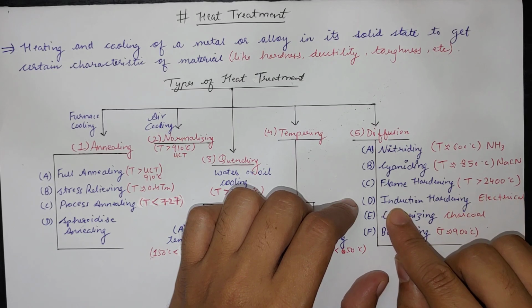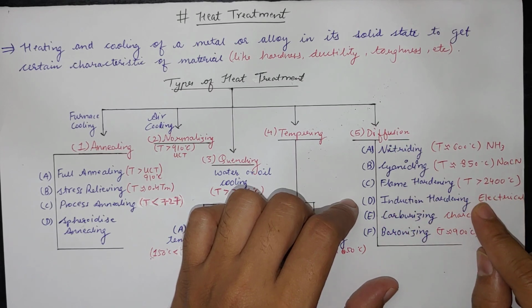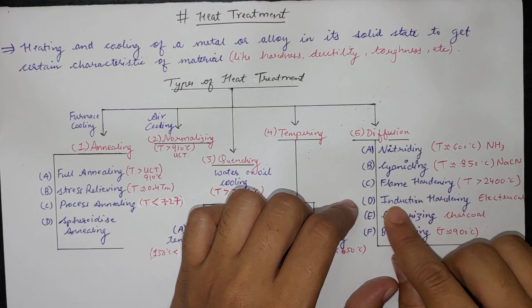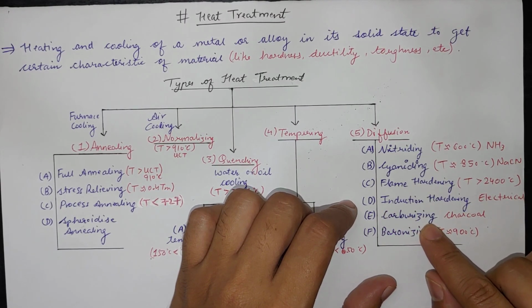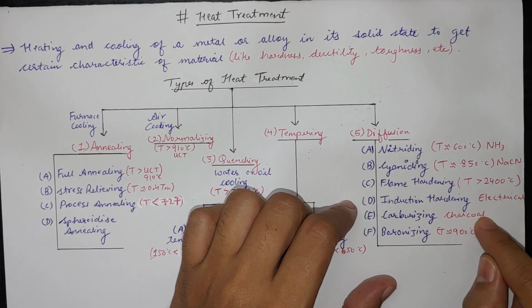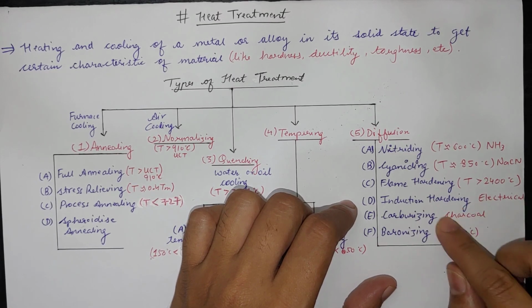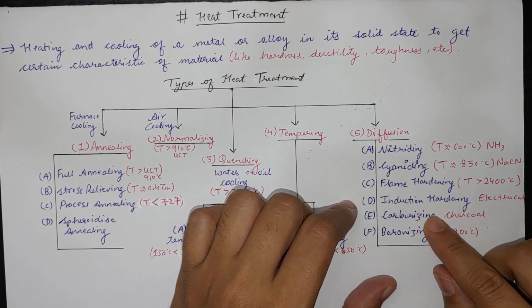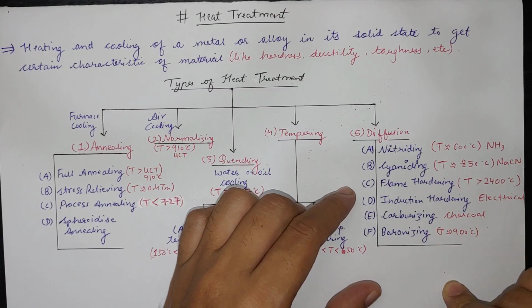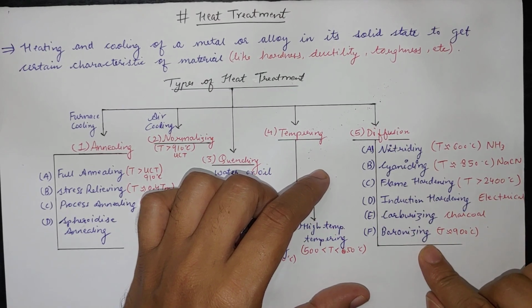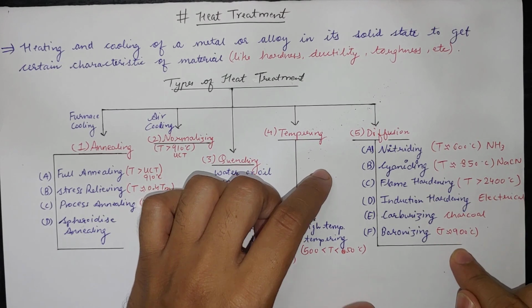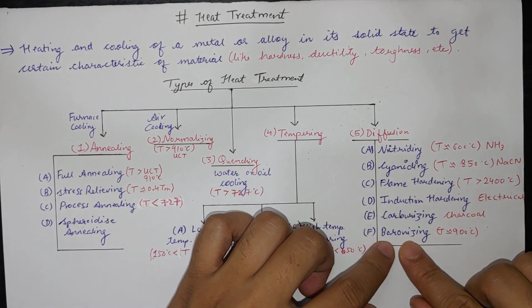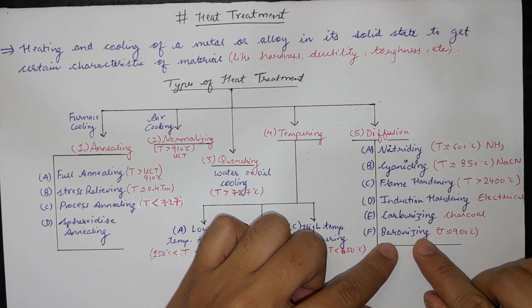We quench it in water, and that's how the surface of the material is hardened. In carburizing, we heat our steel sample with charcoal, and carbon is introduced inside the surface of the material. And in boronizing, we heat the material with boron gas or some solid compounds of boron at about 900 degrees Celsius, and this gives an extremely brittle and hard surface.